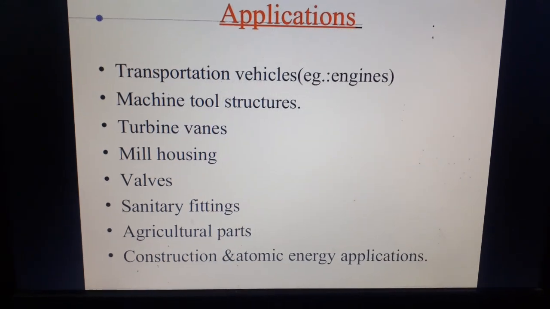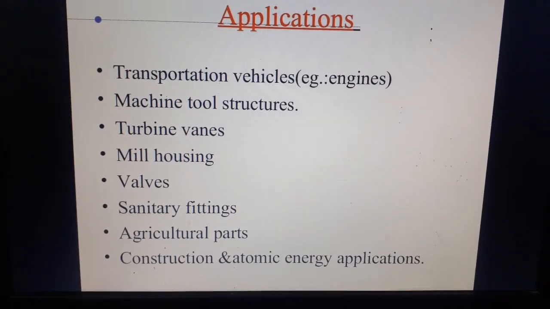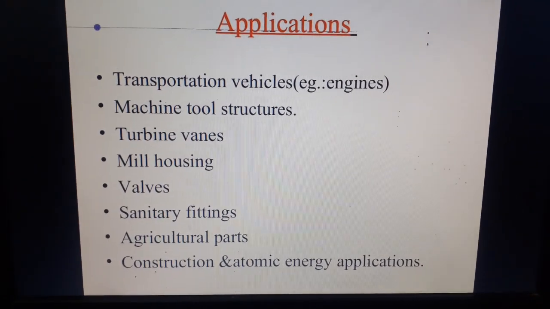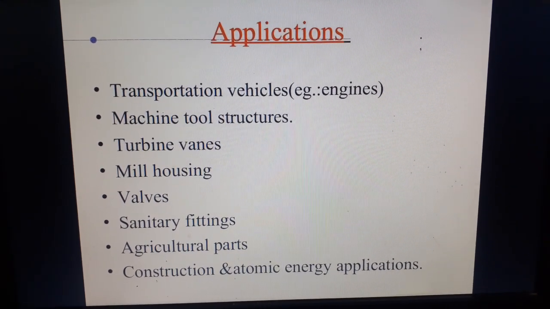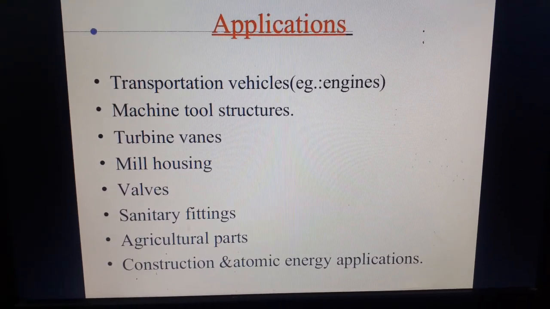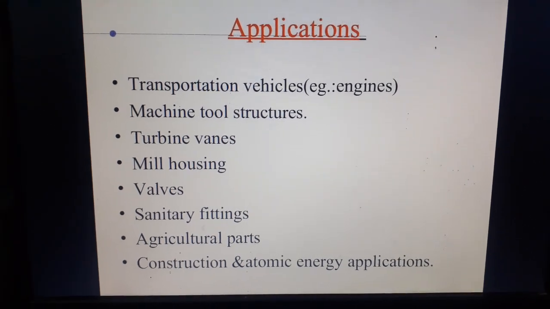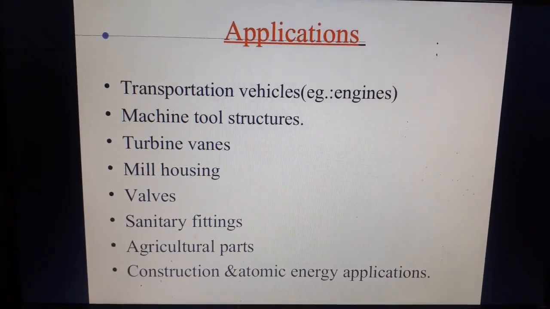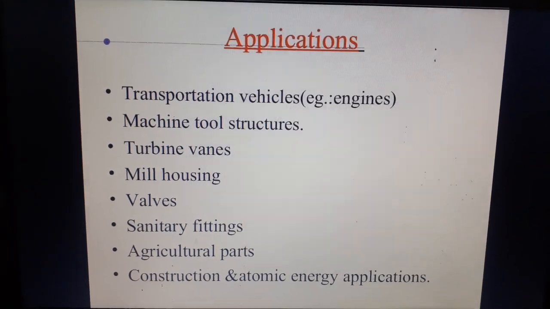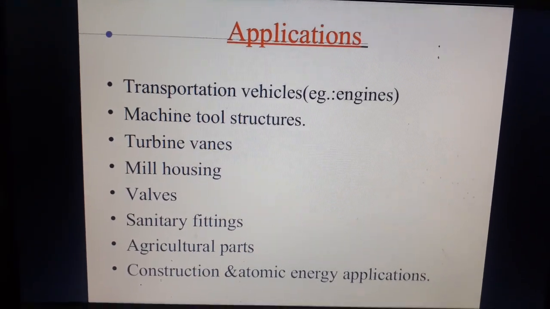Now, what are the applications? We can make transportation vehicles, we can make automotive parts, for example engine. Machine tool structure, in machine tools we can make the beds of the machines, like the bed of the lathe machine, shaper machine, milling machine.